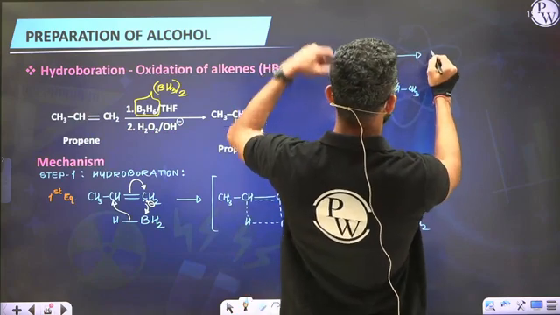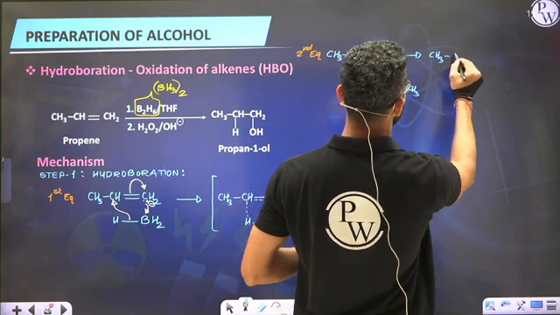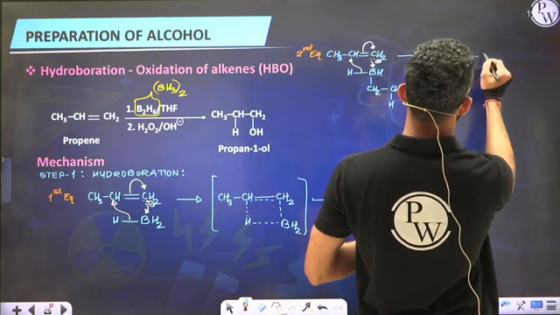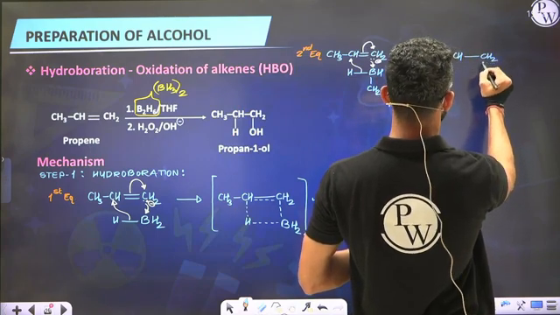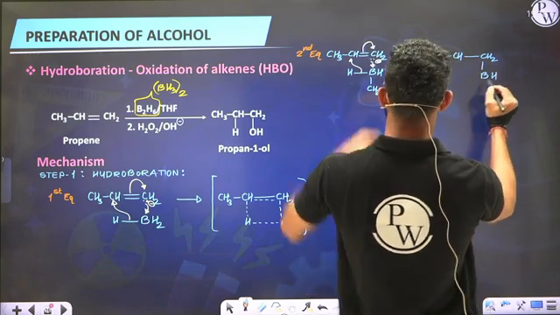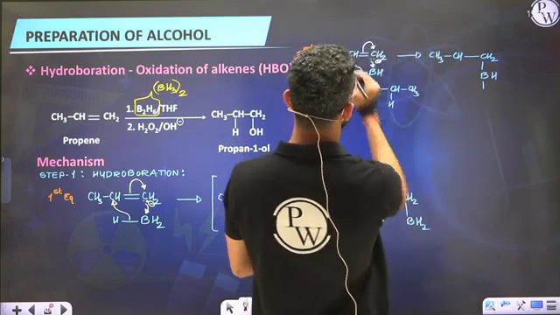See, starting with this CH3. CH3, single bond, CH, single bond, CH2, connected to boron, carrying one hydrogen, connected to, okay, hydride attached here.